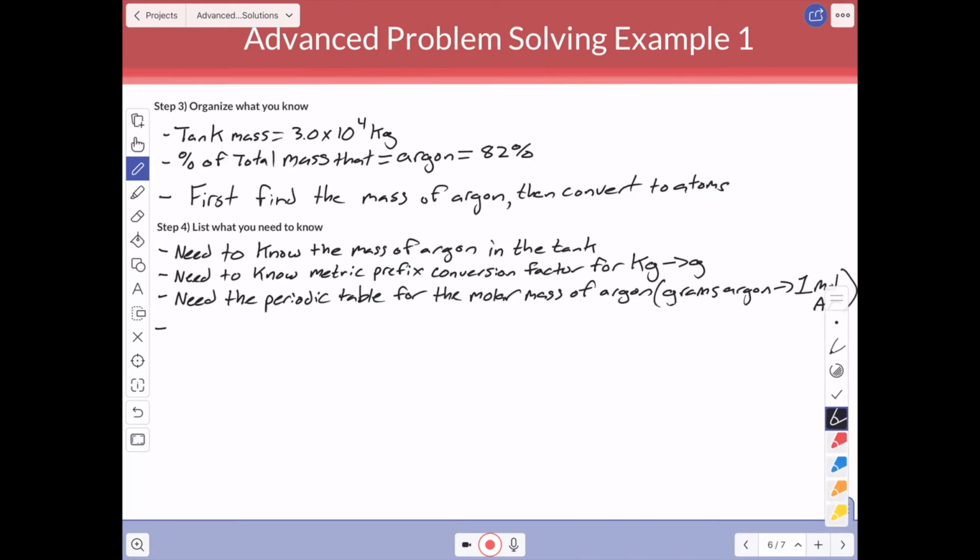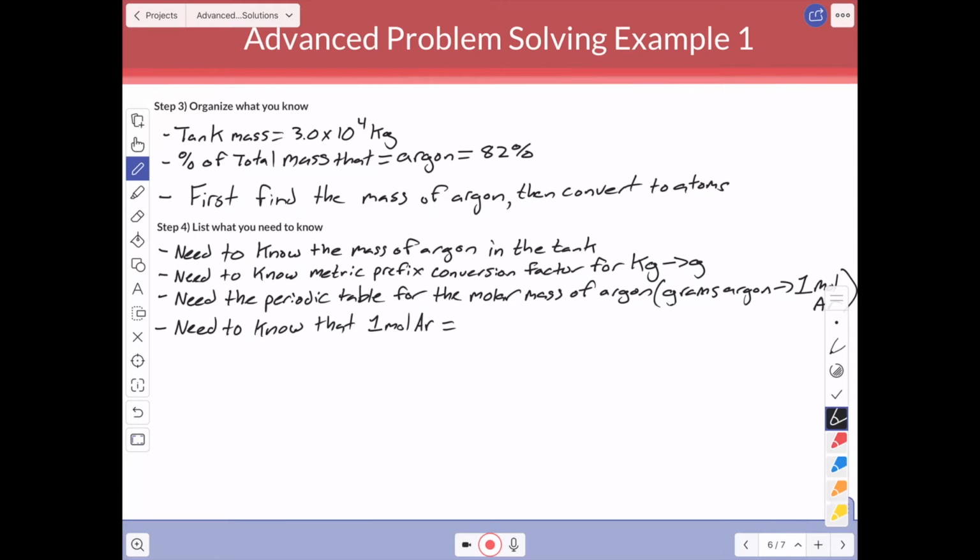I need to know that 1 mole of argon equals what?